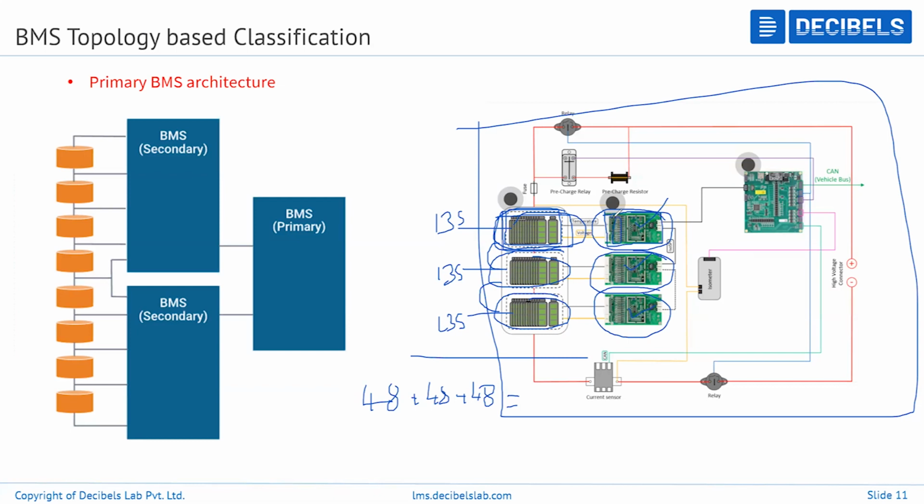Again, the logic for the balancing circuit has to be derived, like whenever the balancing has to start, or when the cells have to engage with the resistors, that has to be derived from the microcontroller. Okay. So whatever information it takes, it will send to the microcontroller.